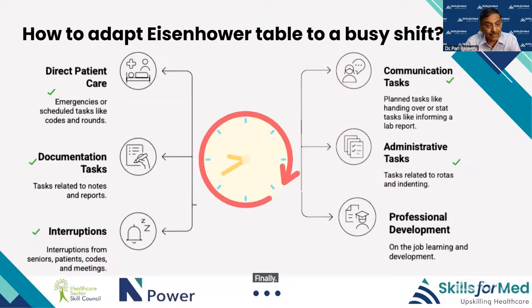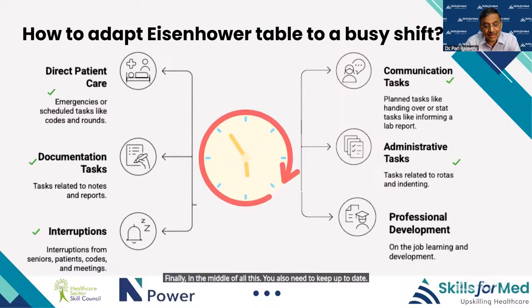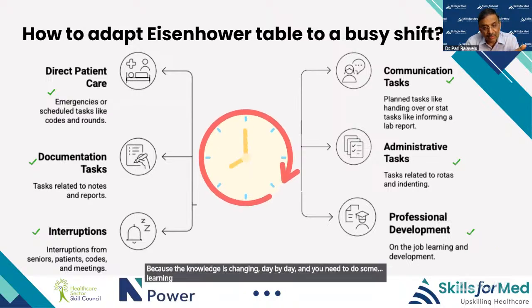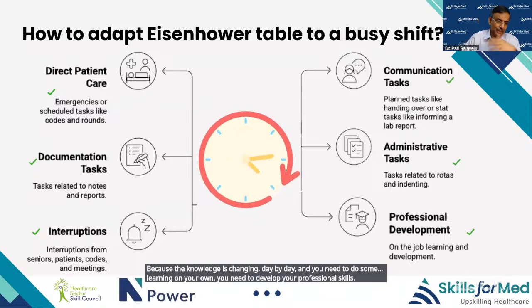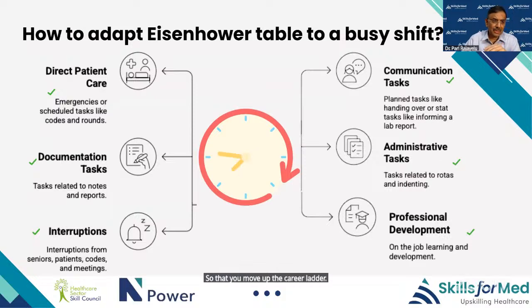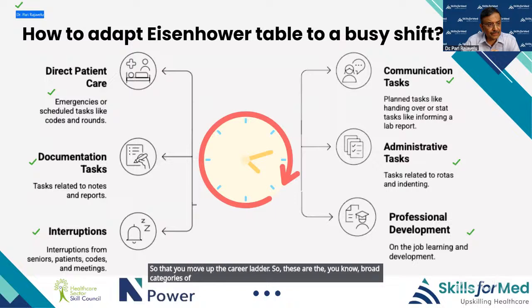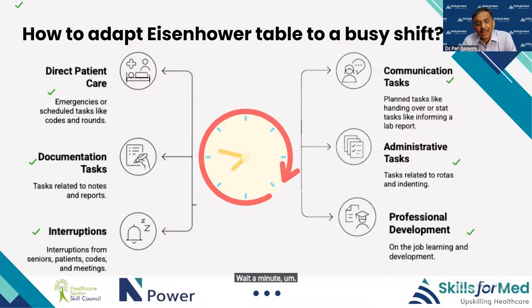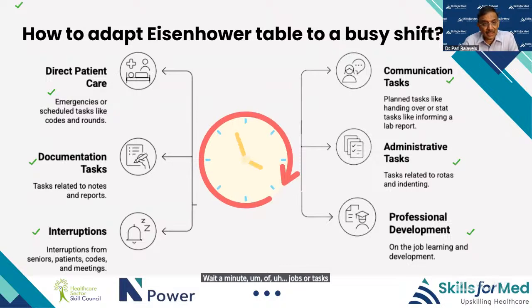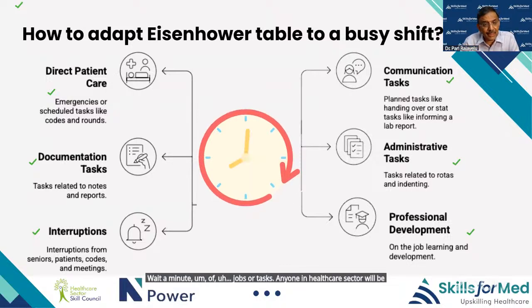Finally, in the middle of all this, you also need to keep up to date, because knowledge is changing day by day, and you need to do some learning on your own. You need to develop your professional skills so that you move up the career ladder. So these are the broad categories of jobs or tasks anyone in the healthcare sector will be doing in a particular shift.